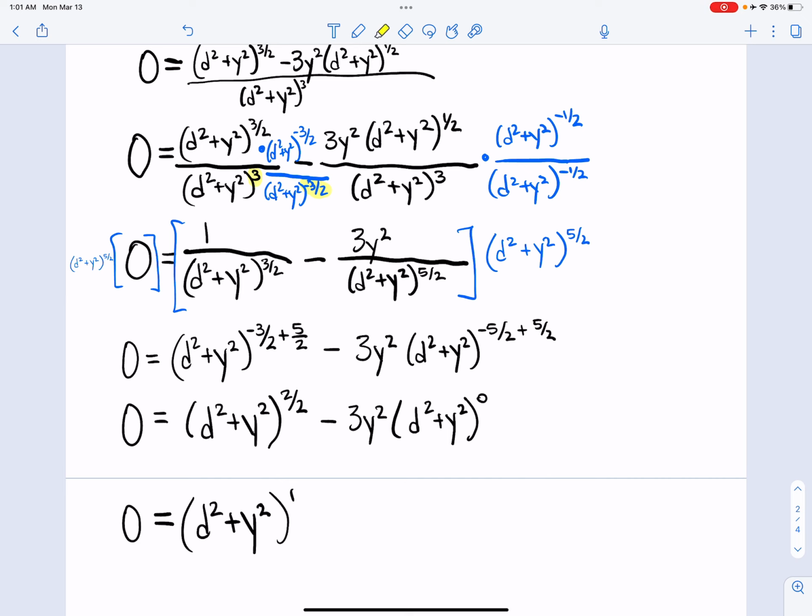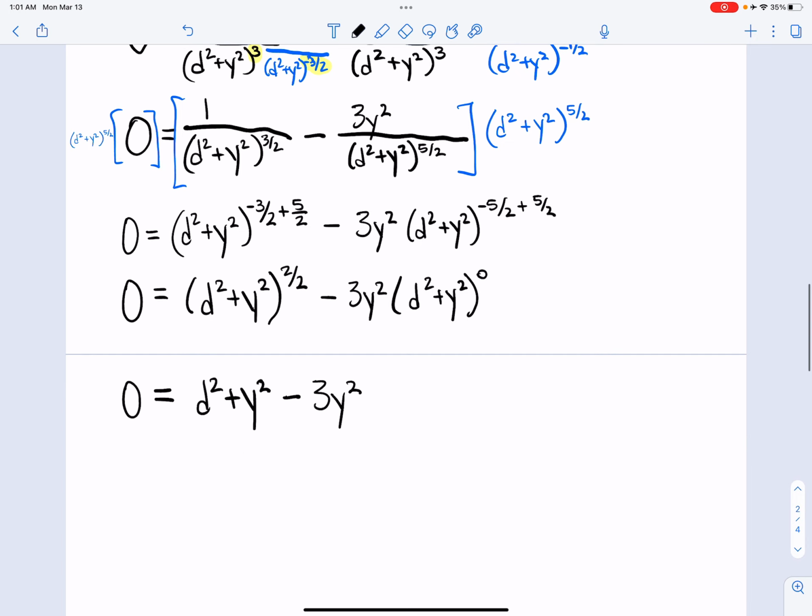So I could just forget that, and it's just d squared plus y squared minus 3y squared, and anything to the 0th power is just 1, so I don't need to write that down. We can just imagine this as times 1, which we don't need to write, right? We don't normally write times 1. Okay, so now I have this value as equal to 0.